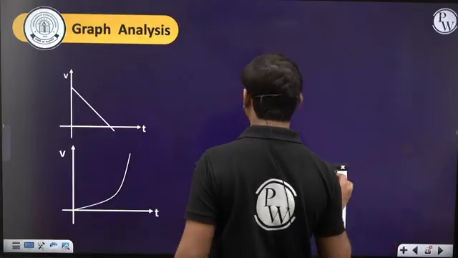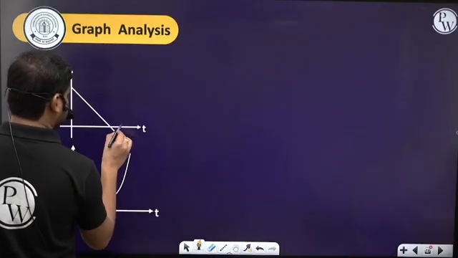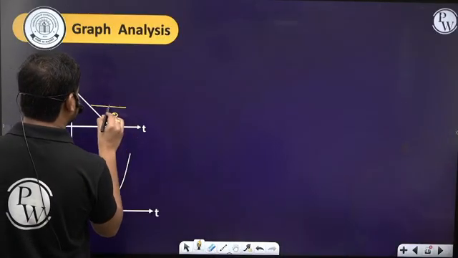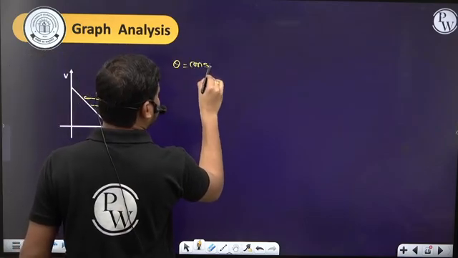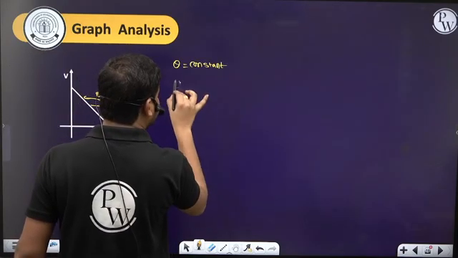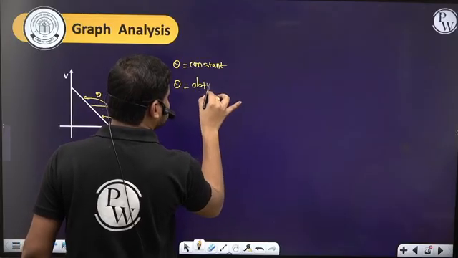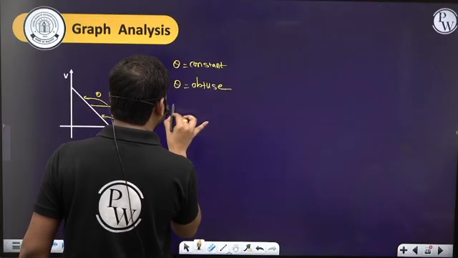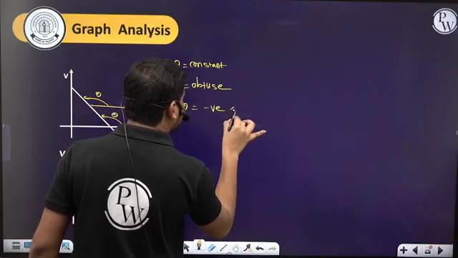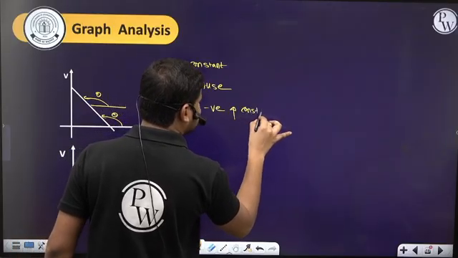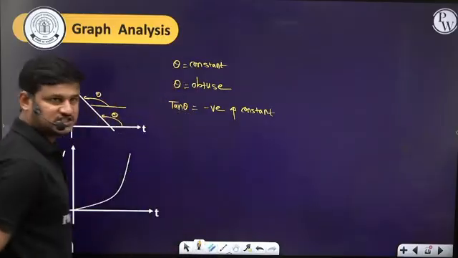We have, so the slope is here. So this is theta, and then again this is theta. So here the theta is constant, but the theta is obtuse. So then we can say tan theta will be negative and constant, right?